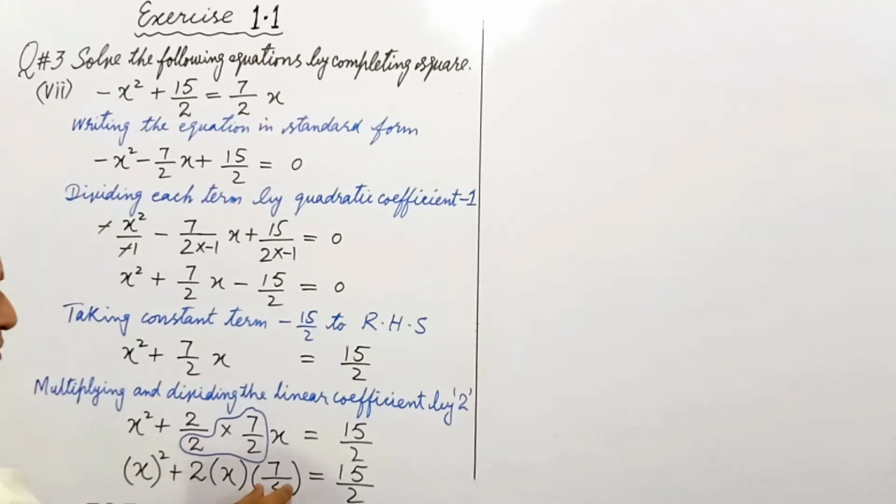By doing this, we get the second value of the perfect square, that is 7 over 4. And if we add the square of the 7 over 4 in the left hand side, that will become a perfect square, but we have to add the same value on the right hand side.